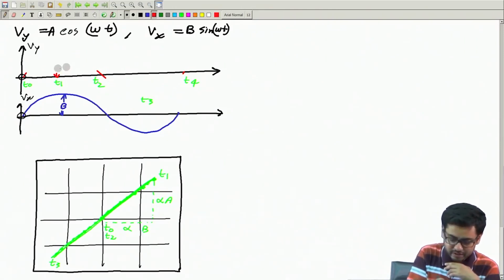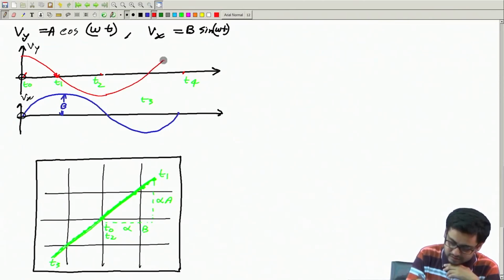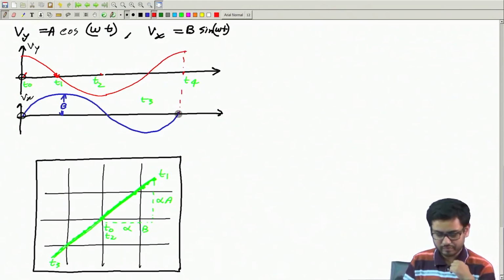It will start from value a, and so this is how the pattern will be. Okay, so now let's see how this looks.